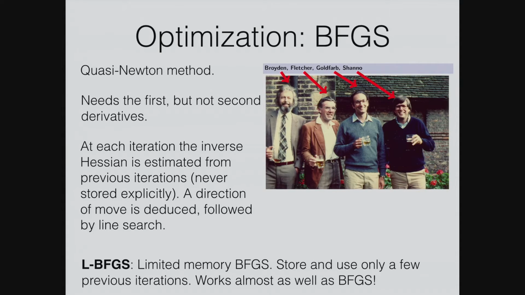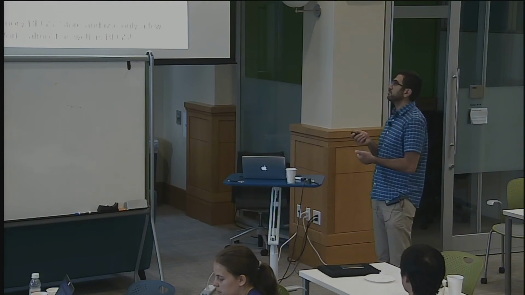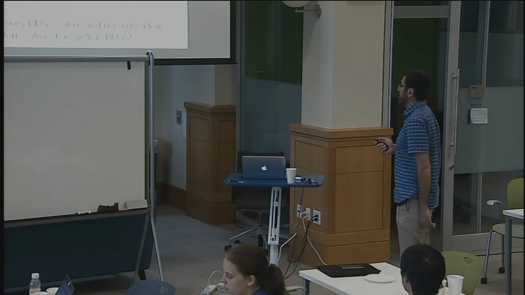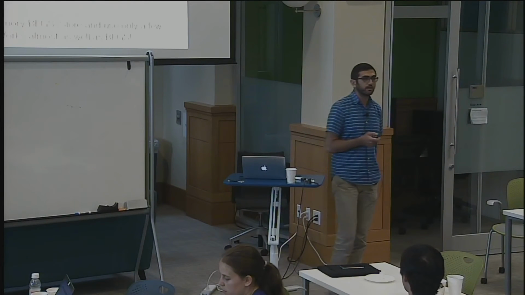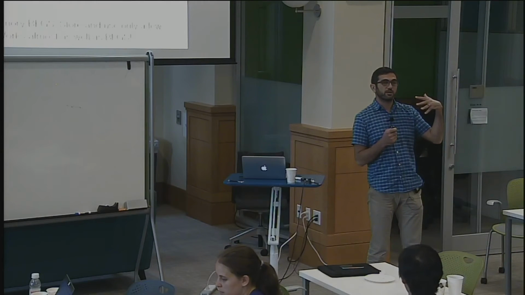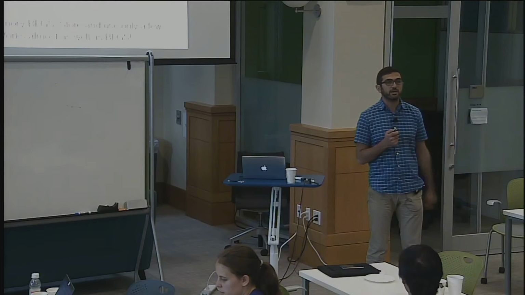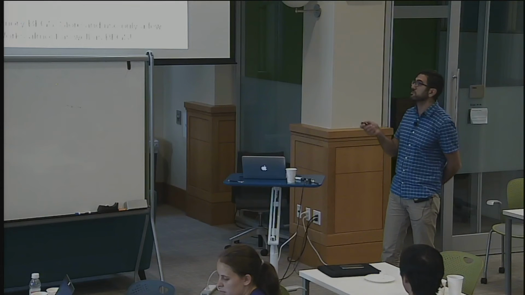We're just going to somehow approximate the inverse Hessian. Okay? And the approximation is done using the previous iterations of your algorithm. So we are storing all the previous iterations of the algorithm, the points that we visit, and the gradients. And then we're going to use that information to approximate the Hessian.